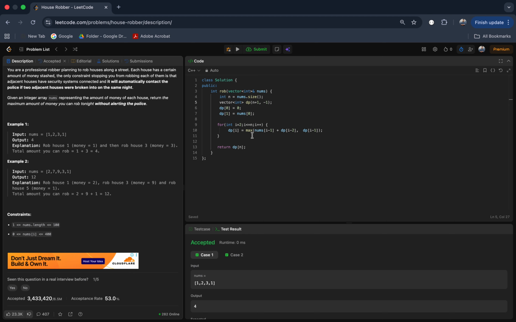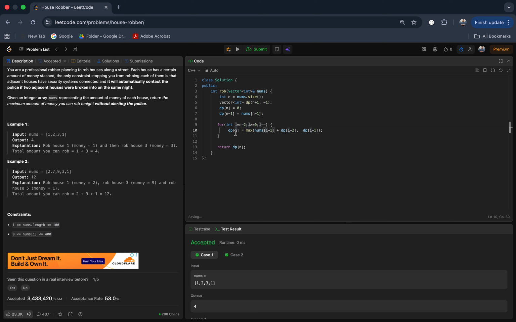If the other way, if you want to go from n to 0, then for dp of n you need to give it 0, and for dp of n minus 1 you need to give the last index number, and you need to calculate the dp from index n minus 2 to 0.